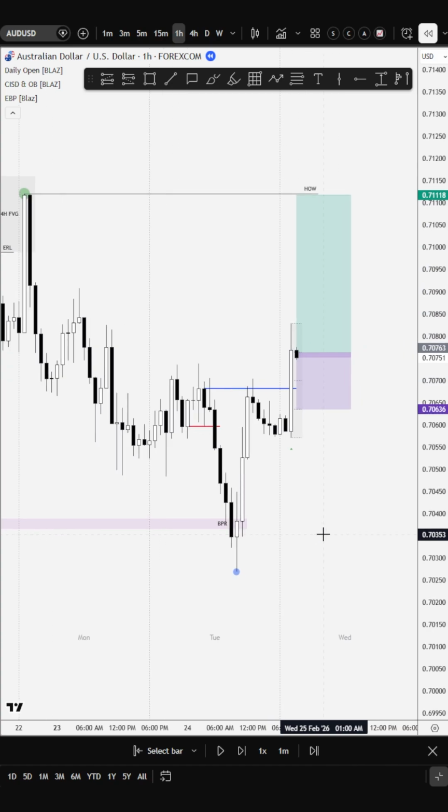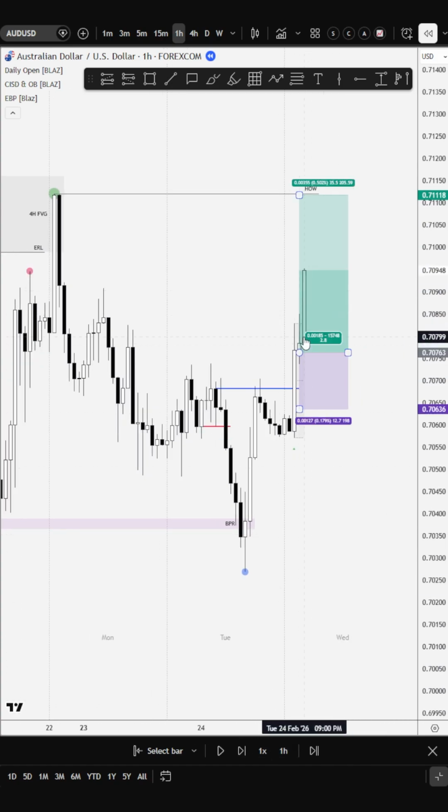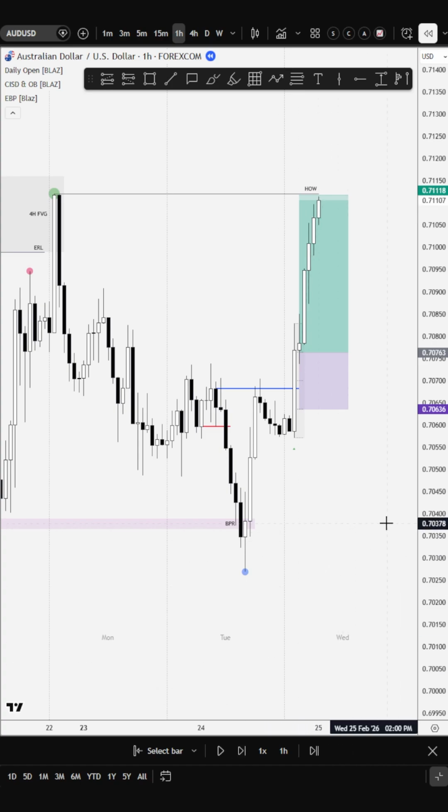So looking at what happened next, price tagged me in and immediately pushed higher. And as we go to that high, what do we notice? Change in momentum. Every time price pushes higher, the candle gets smaller, which means it's getting weaker.